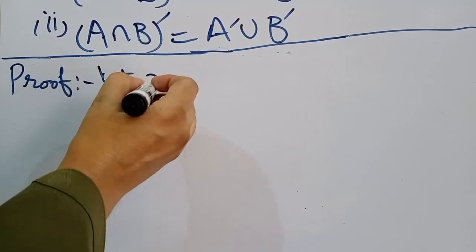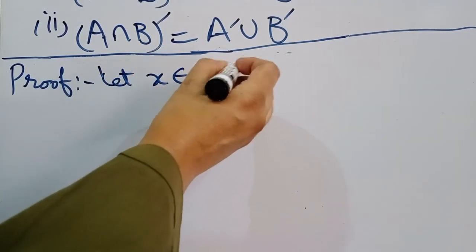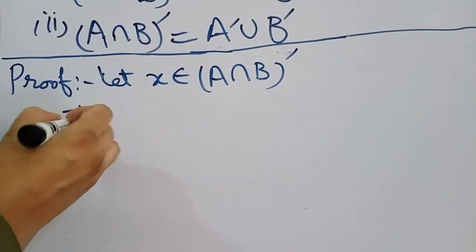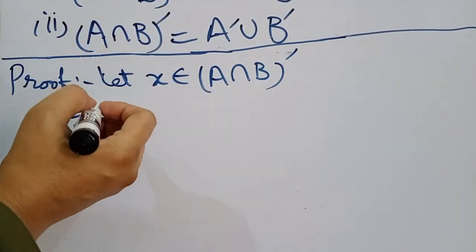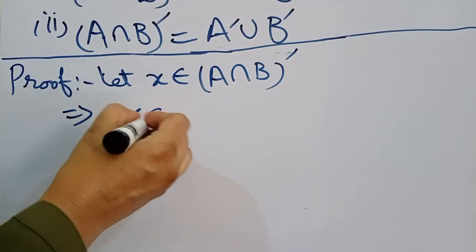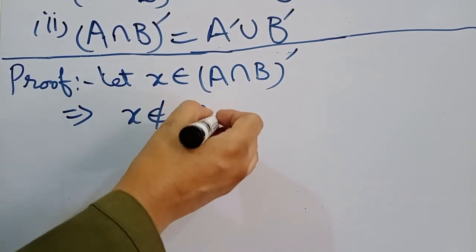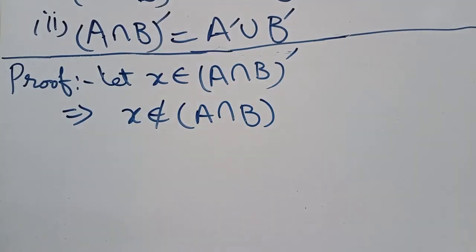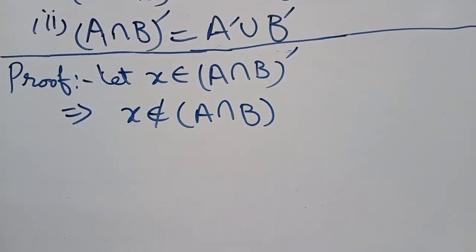Let x belong to (A intersection B) whole complement, which means x doesn't belong to A intersection B, because it is an element of (A intersection B) whole complement.